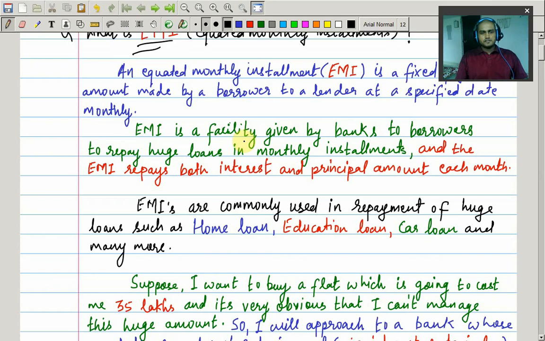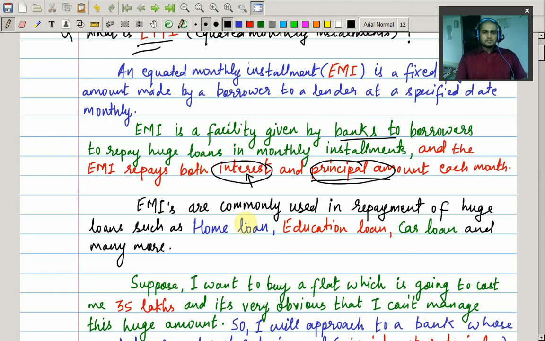EMI is a facility given by banks to the borrowers to repay huge loans in monthly installments, and the EMI repays both interest and principal amount. So we are paying this principal amount, in addition some interest in favor to the banks. So this interest is given by us to the banks because we are using their money.